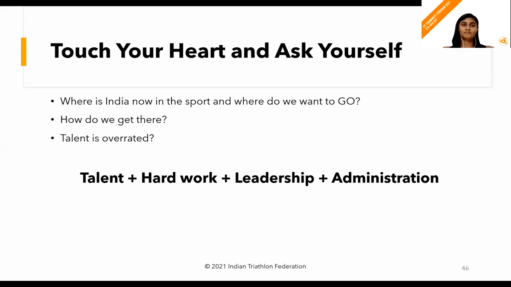Again, talent is overrated. You know, the answer is yes and no. Every one of us is talented, but we need to have hard work, a lot of discipline, obviously the leadership and the administration. So everything has to come together. Just being talented is not necessarily going to give us what we are looking for.